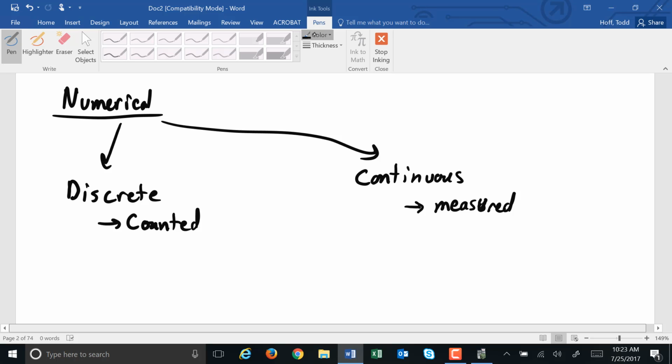Now, there are some gray areas in there, like time. Some people say, well, you can count seconds, but time isn't measured in just seconds. It's measured in minutes, seconds, tenths of a second, hundredths of a second. It can be broken down in between. No matter how close together two times are, you can always find a time that's in between them because you can break it down to a fraction of a second.